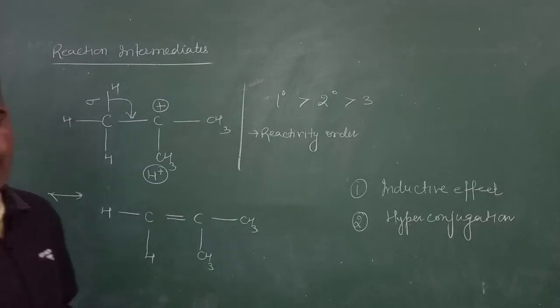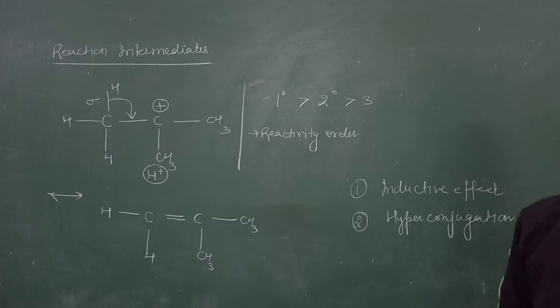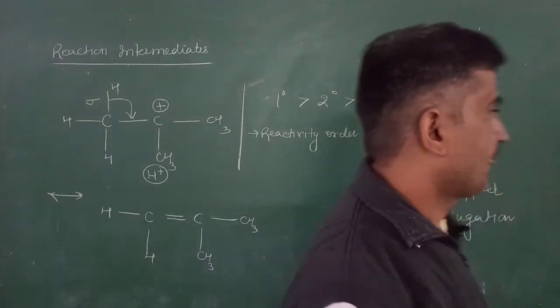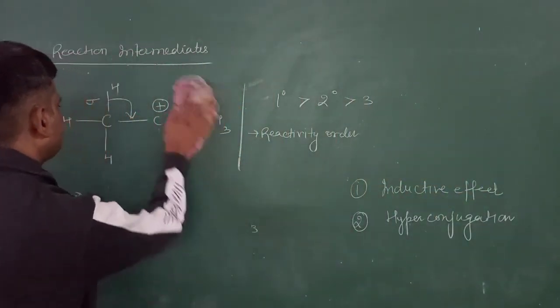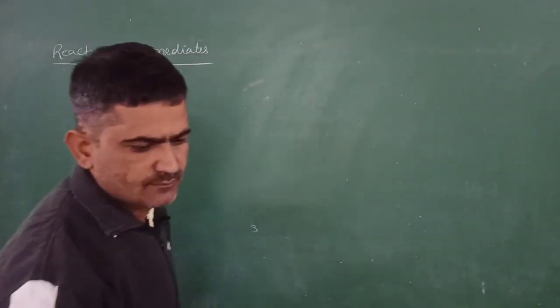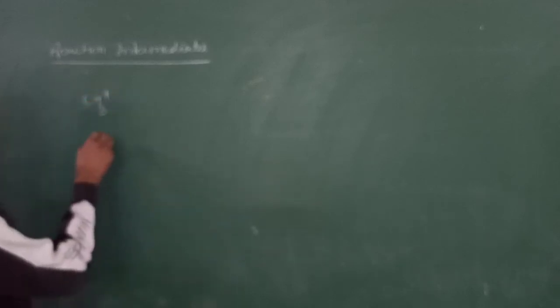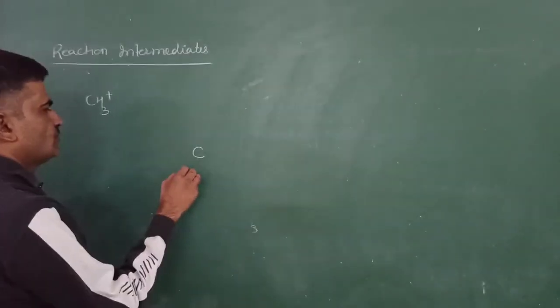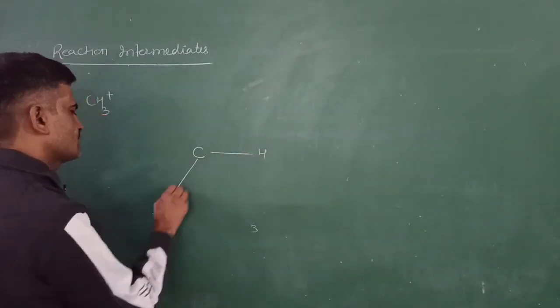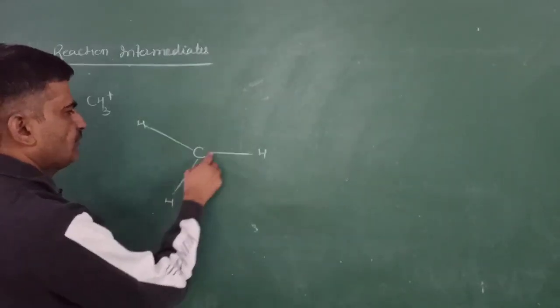After this we will study their structure. Structure of a carbocation: this carbon is sp2 hybridized, and it has a trigonal planar structure.